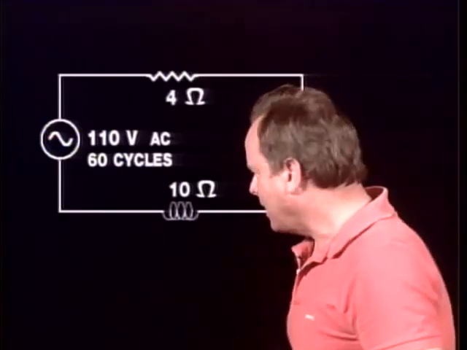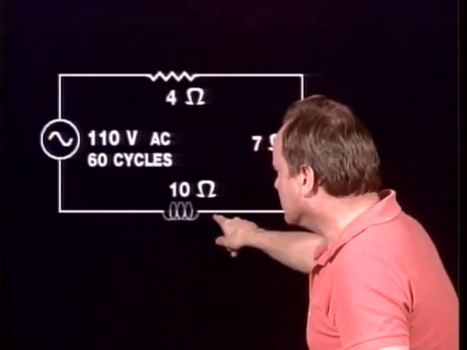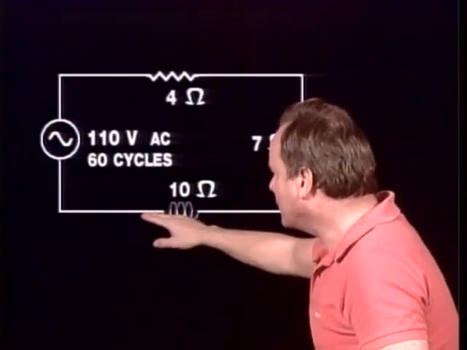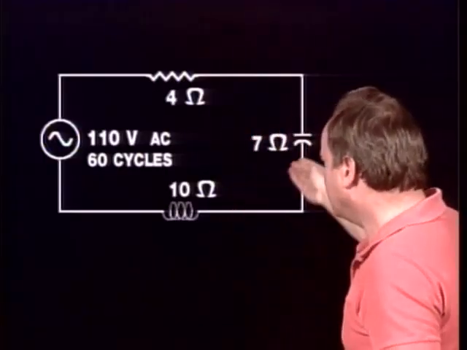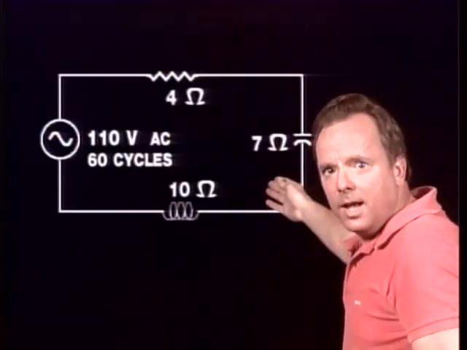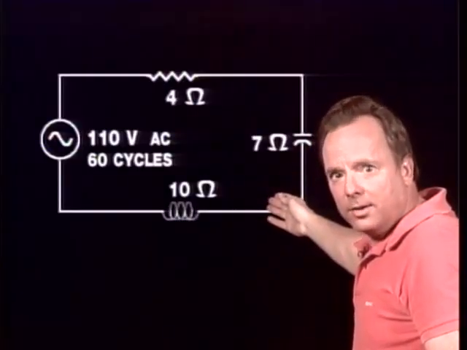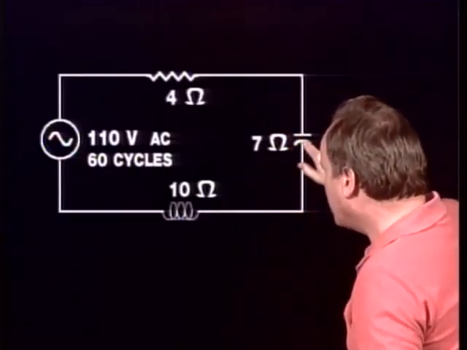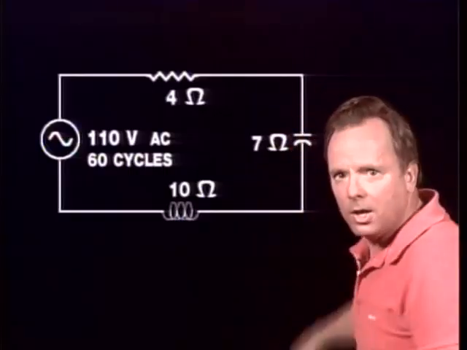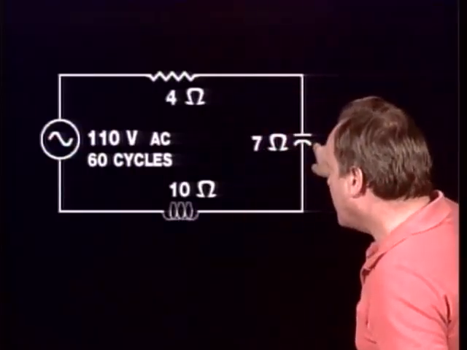We also said that when there is inductive reactance, current lags voltage by 90 degrees. But hold the phone. We also said in capacitive reactance, the current leads the voltage by 90 degrees. And we said with capacitive reactance that when the frequency decreases, you get more capacitive reactance.